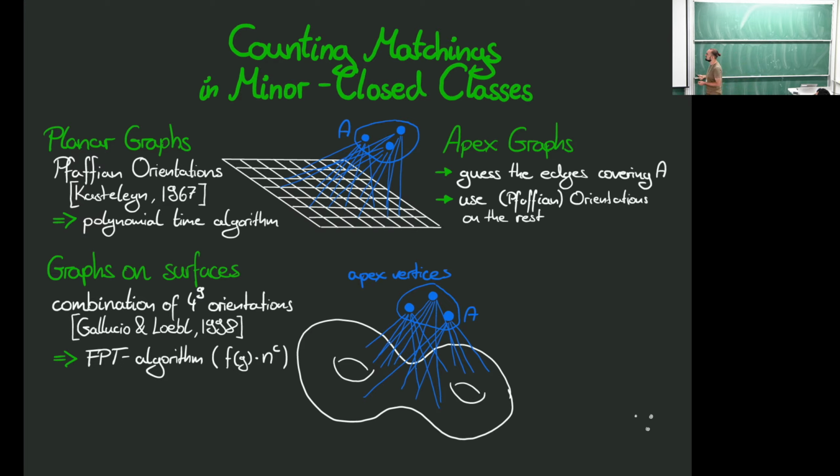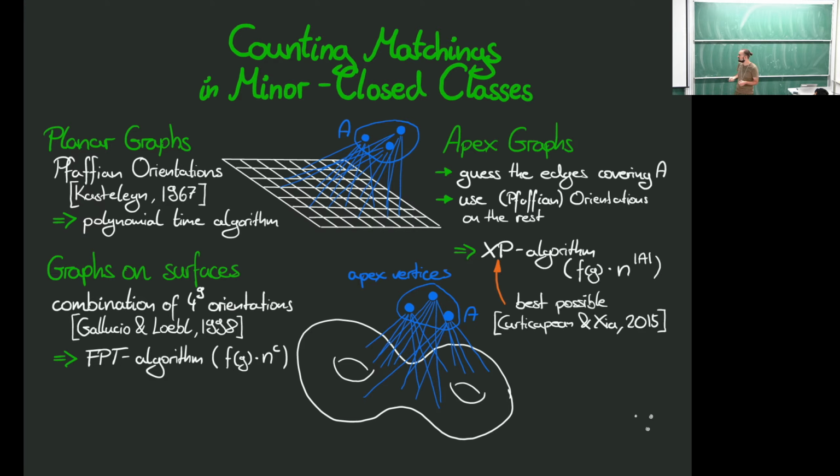Because the size of A is bounded, I can guess all of the different ways to cover the set A with disjoint edges, then delete the endpoints of all of these edges. What remains is a graph of bounded genus, or a planar graph, and on this graph I can count the number of ways to extend the small matching I guessed to perfect matchings, and thereby produce the total number of perfect matchings in my graph.